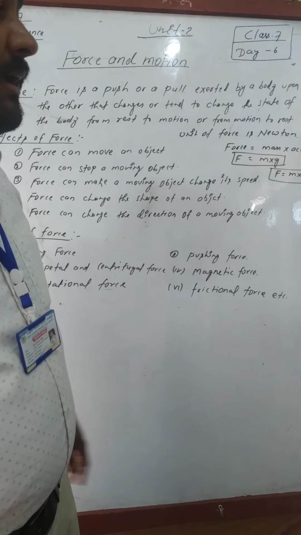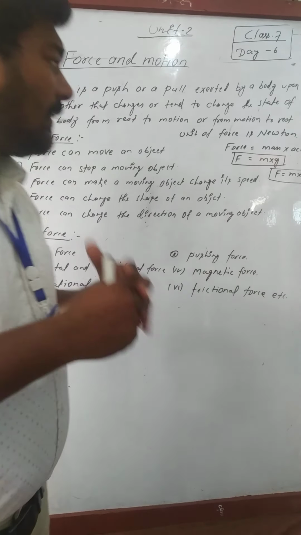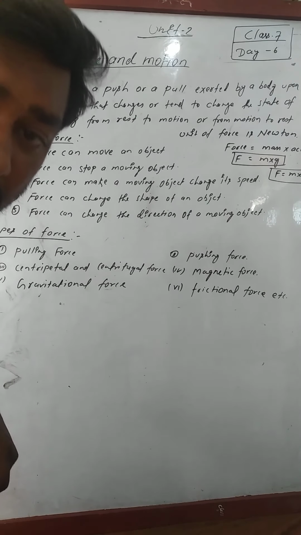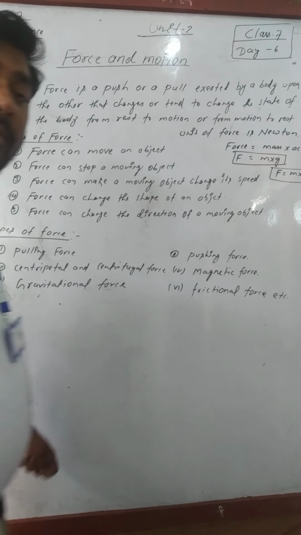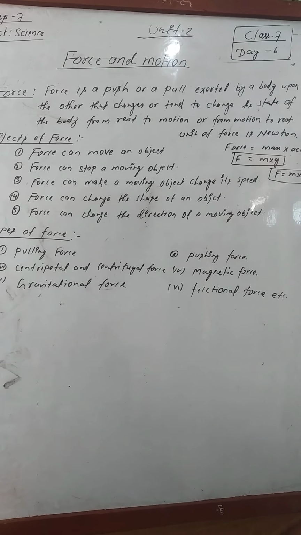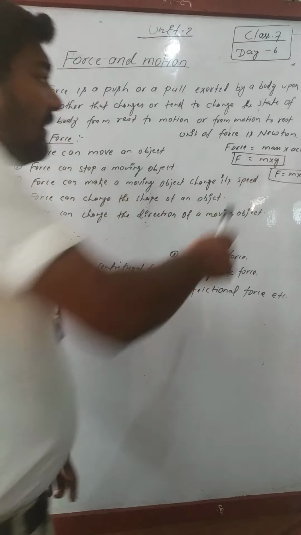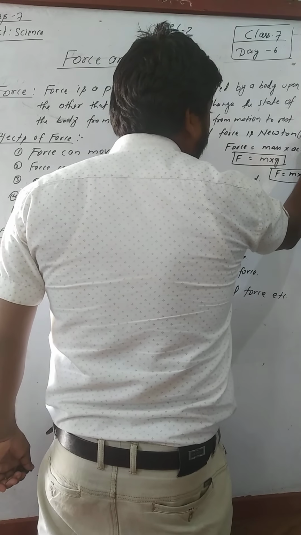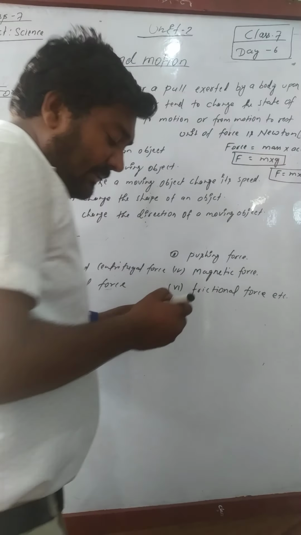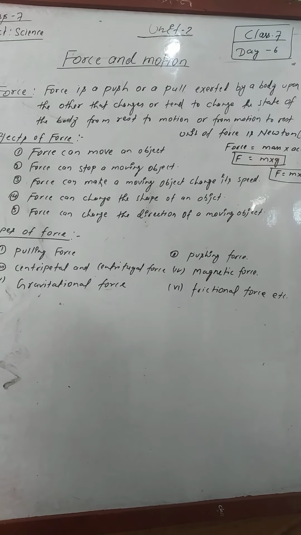And when we calculate force in the condition of gravity, we use the formula F equals m into g, and its unit is Newton, N-E-W-T-O-N, Newton. So, effects of force.